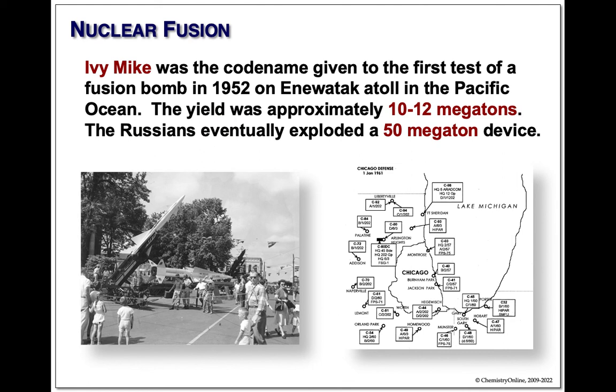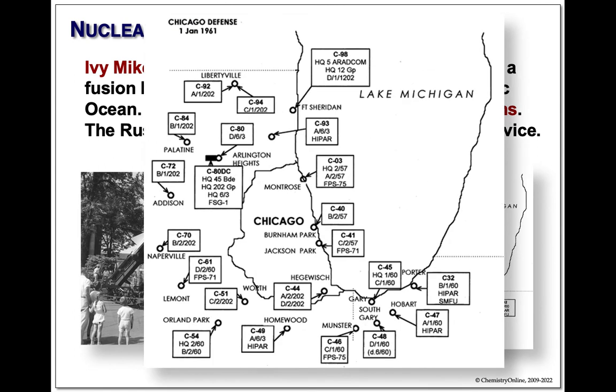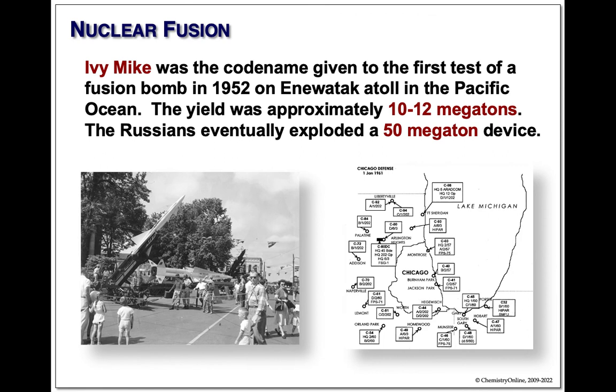This map, the entire lakeshore, most of the suburbs, yeah, those were all missile batteries. The idea was, you see this missile coming in over Lake Michigan, everybody gets a shot at it, and you hope somebody hits it. And because it's a 50 megaton bomb, doesn't matter where it lands. Okay.